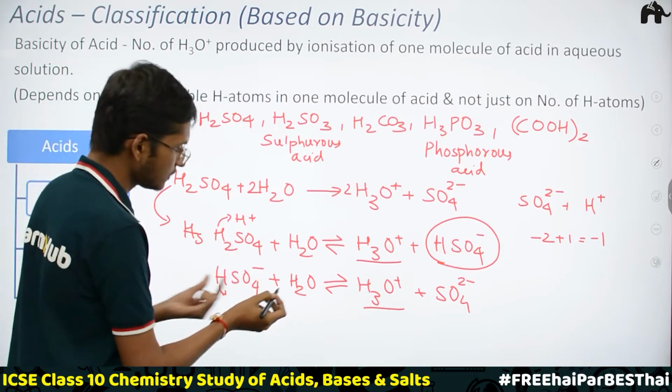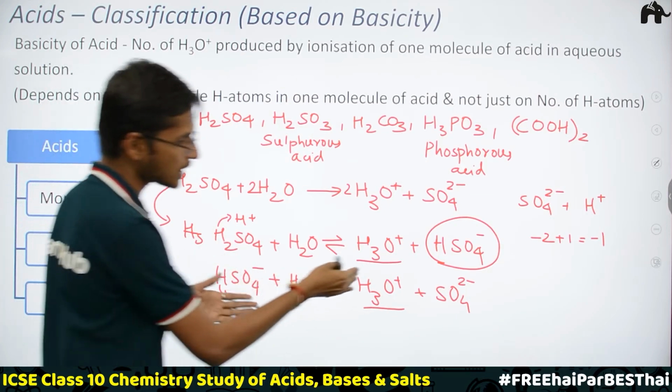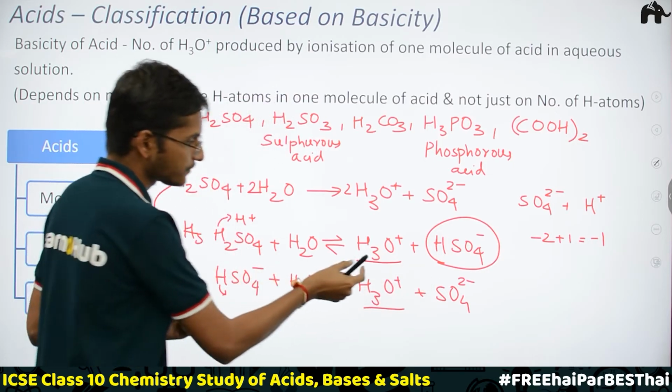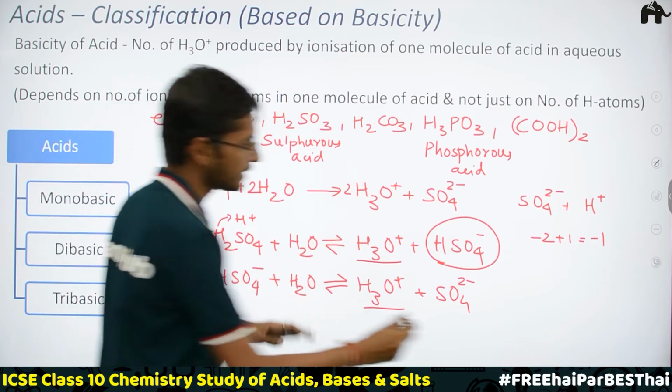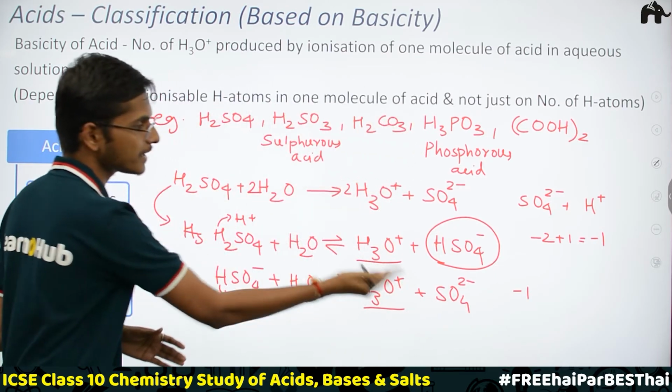Now you would say, oh, the charges are not balanced here. Plus 1 and minus 2 is minus 1, so on this side of the equation it's minus 1.